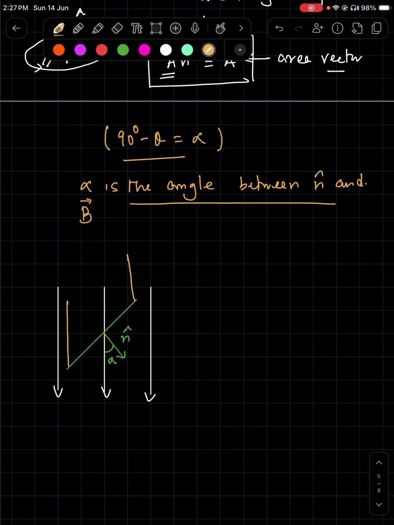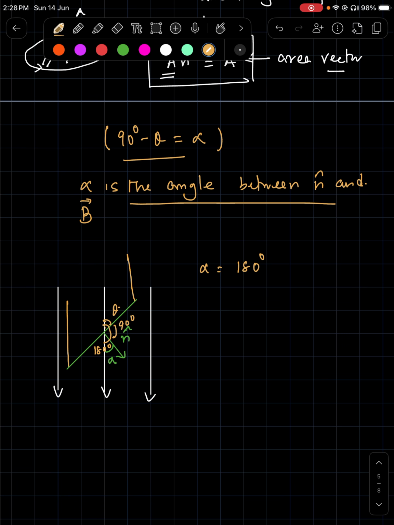Now you can take this also as alpha. It is your choice. So if this is theta and this is 90 degree, then what is alpha? Alpha becomes 180 degree, because this full angle is 180 degree.